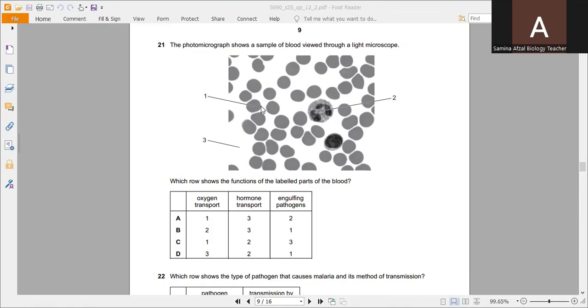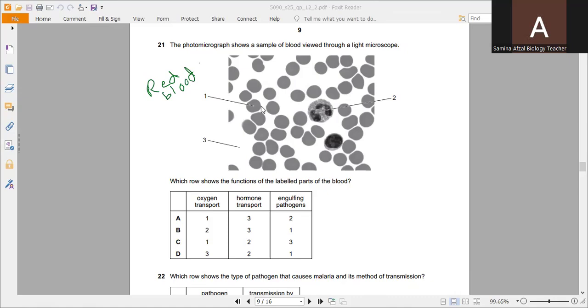Here you can see the labeled part 1 is a red blood cell. Why is it a red blood cell? Because it doesn't have a nucleus. And here you can see a white blood cell, a neutrophil, which has a proper lobed nucleus.